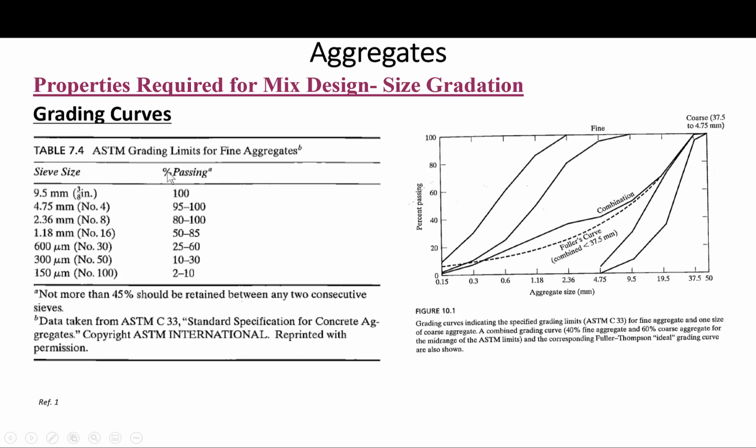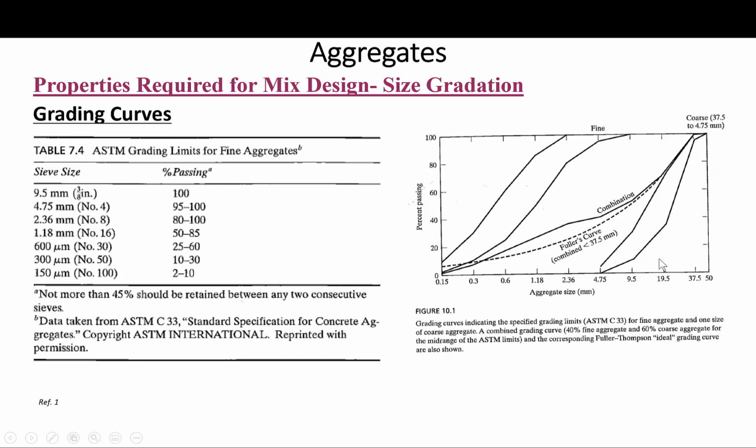So here, for example, this is the ASTM grading limits for fine aggregates. As you can see, these are the sieve sizes, the nominal sizes and the sieve number. We talked about these before. And here are the recommended passing percentages of the aggregate.